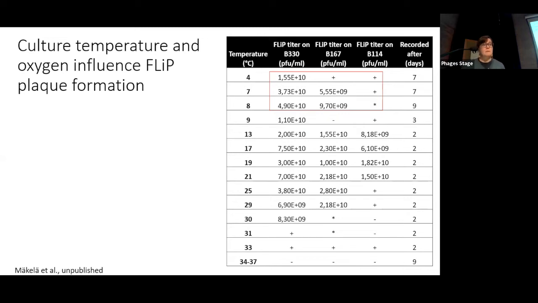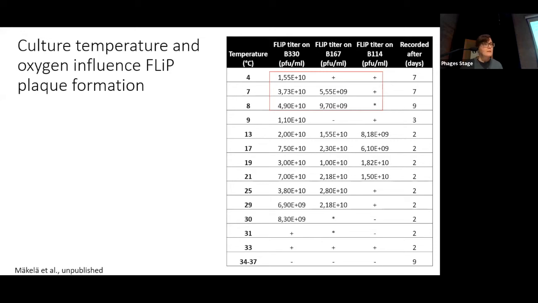It most efficiently infects its own isolation host during all of these temperatures. And what is also interesting is that this B114 phage, since it's isolated from Lapland, is more tolerant to the colder temperatures. It is actually able to resist a bit, carrying on infections in the colder temperatures.